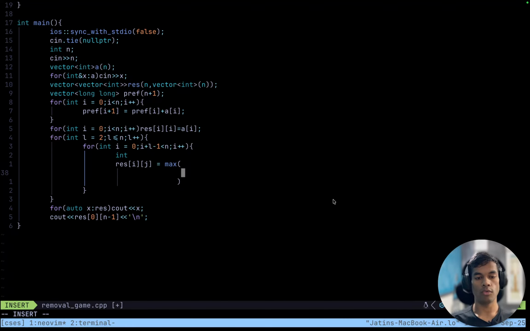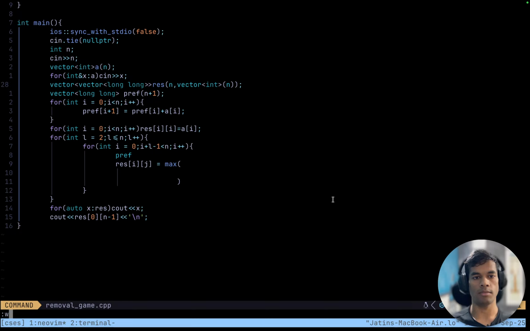Let's first see what the sum is going to be. I should change everything to long because we are looking for the sum, and the sum can be a big value.